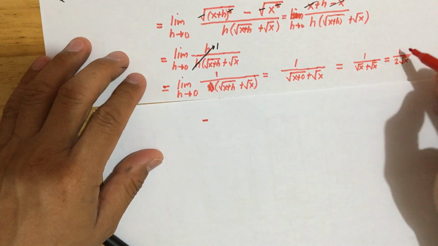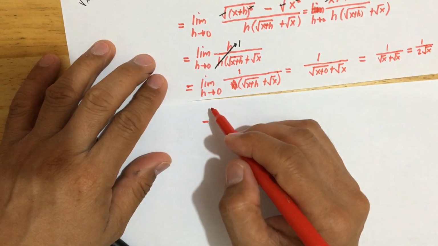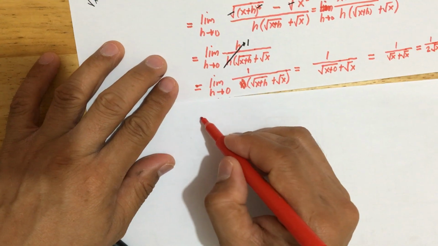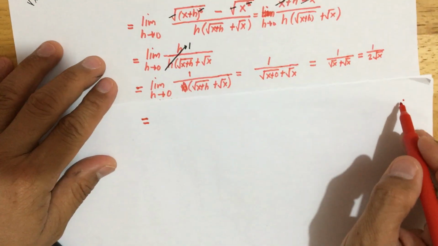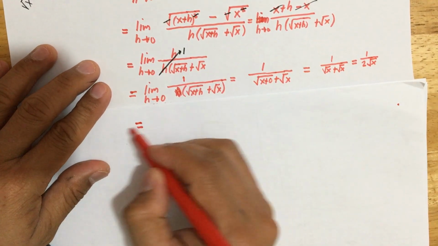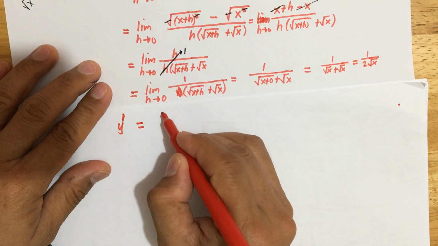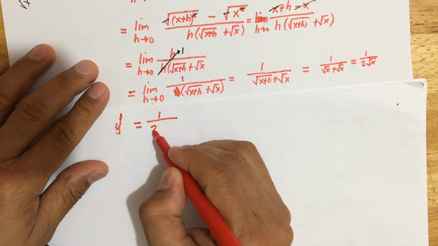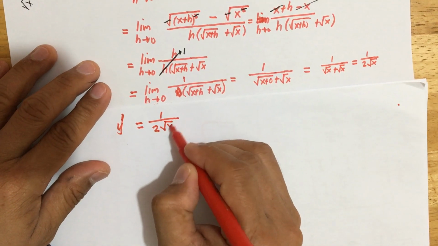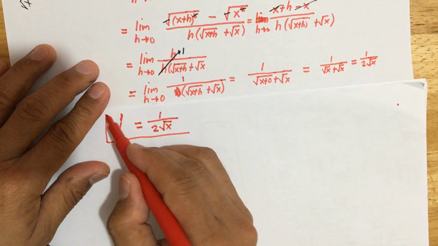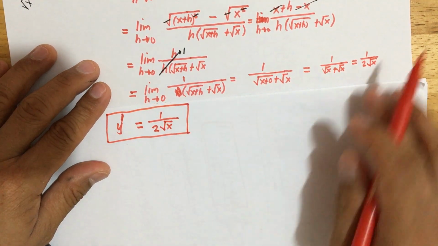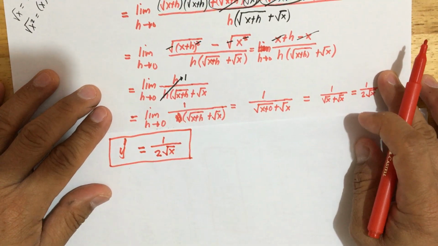So therefore, this is our y prime. So y prime is equal to 1 over 2 times the square root of x. Any question? Is it clear, class?